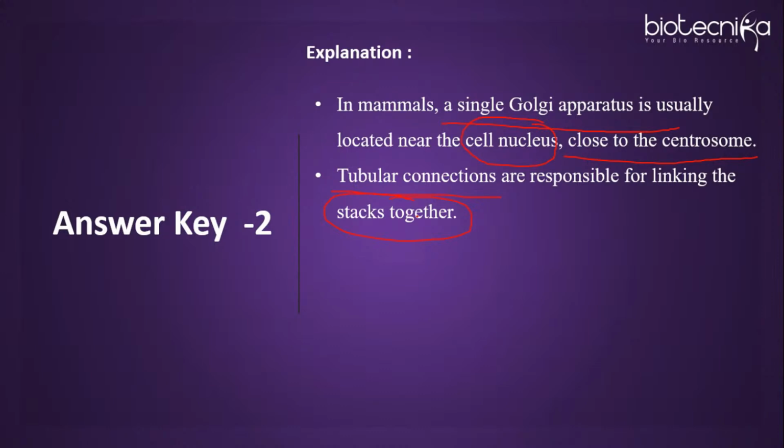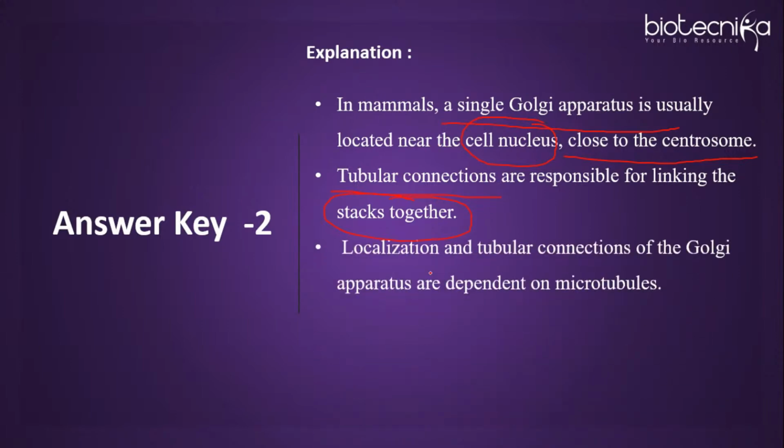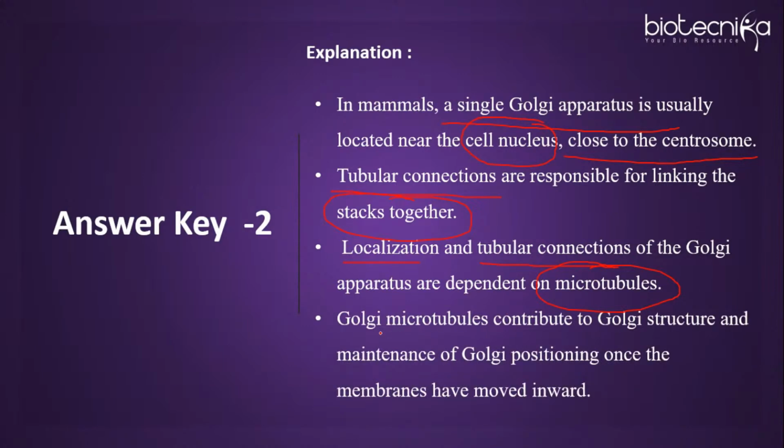They are made up of cisternae. So that is known as stacks. So tubular connections will be there among the stacks, right? And the localization and tubular connections of the Golgi apparatus are dependent on microtubules.